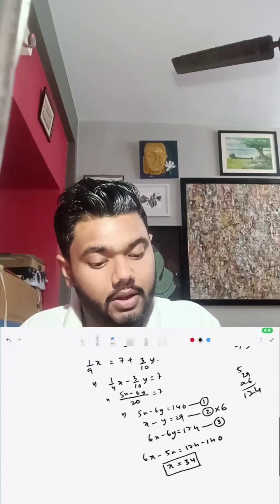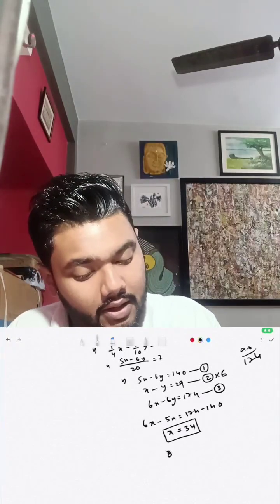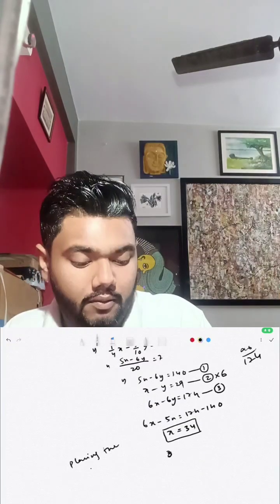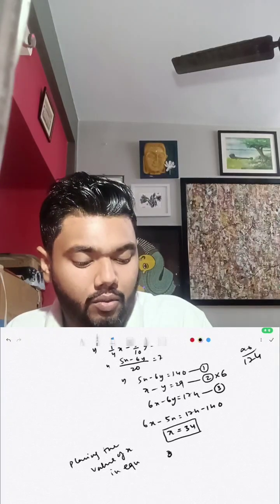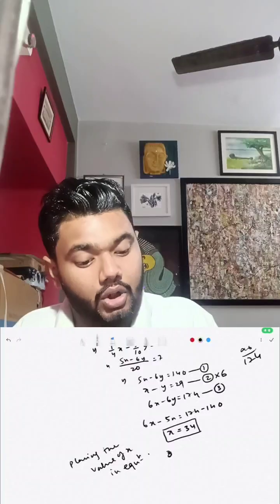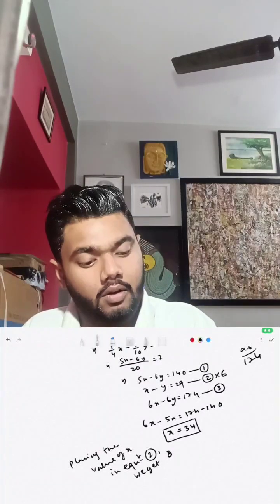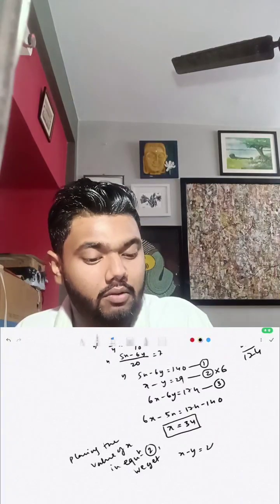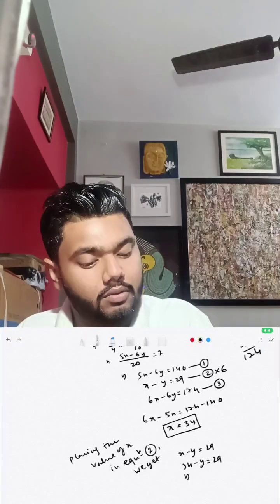So placing the value of x in equation 2, we get x minus y equals 29, x equals 34, so 34 minus y equals 29.